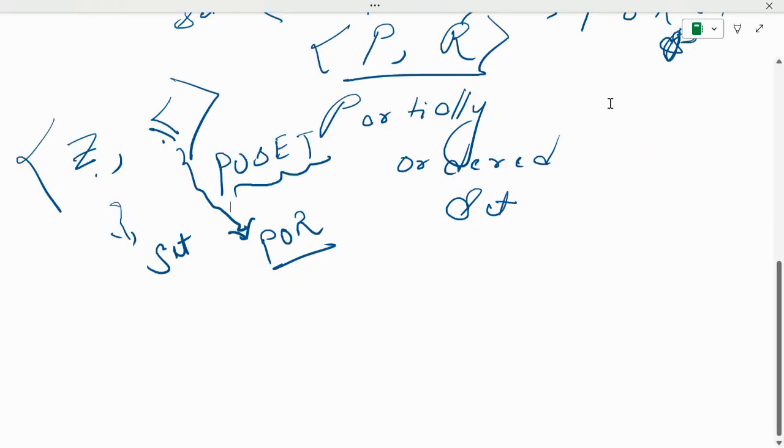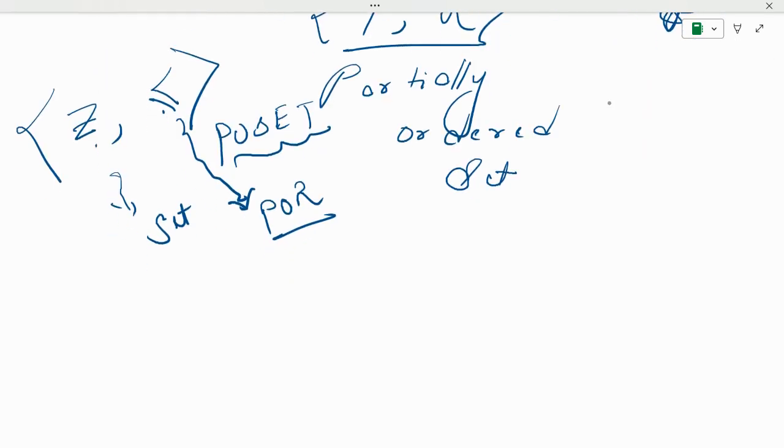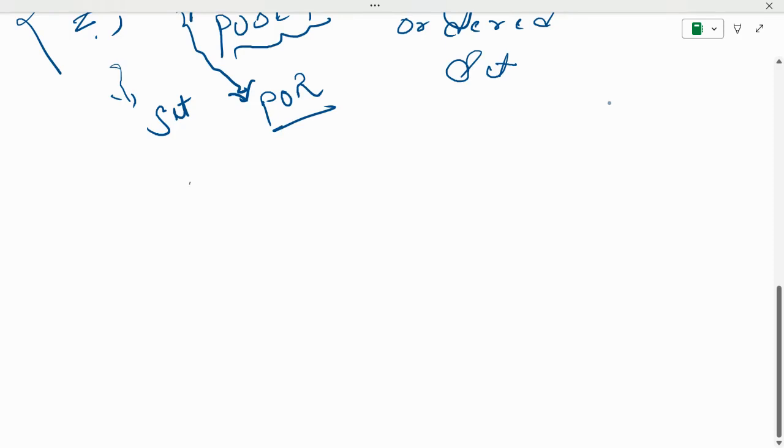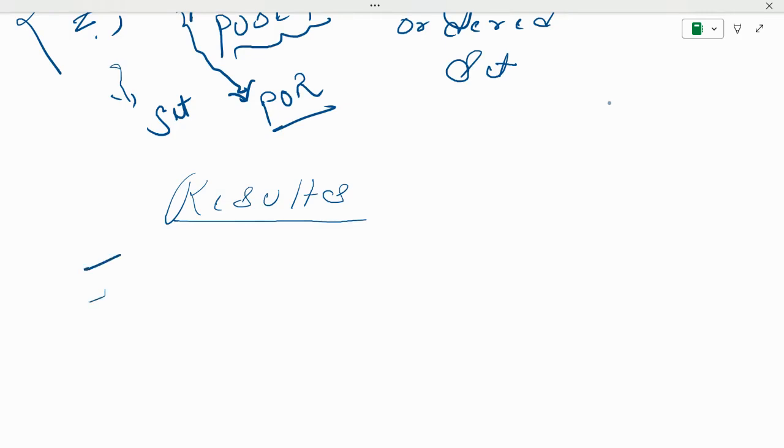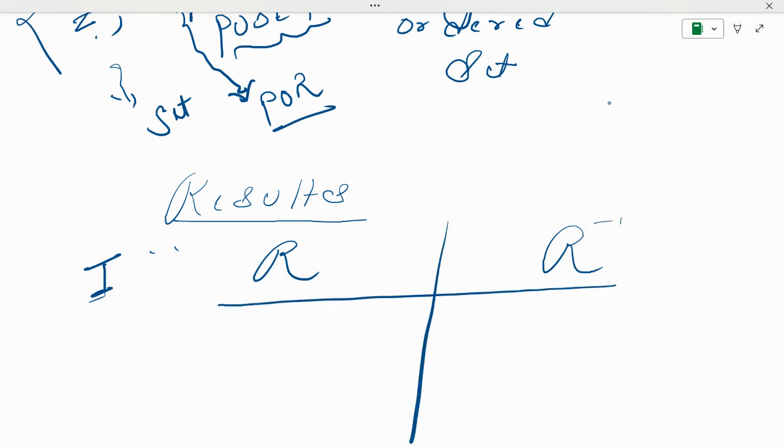Now, let's look at some results on posets. Number one: if R is a relation and R inverse is its inverse, and R is a relation defined on the poset, then if R is reflexive, R inverse is also reflexive.